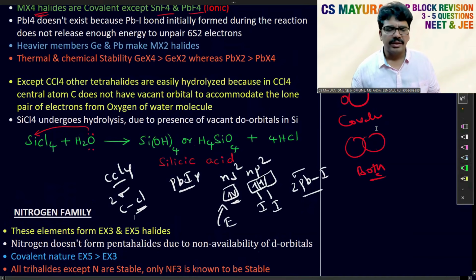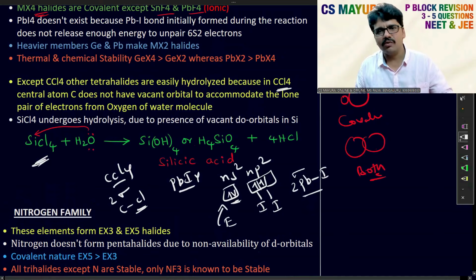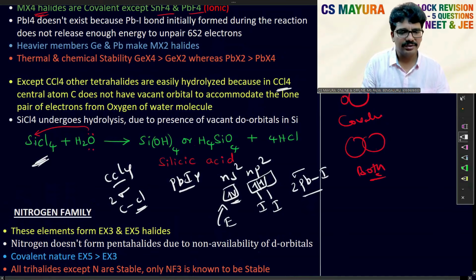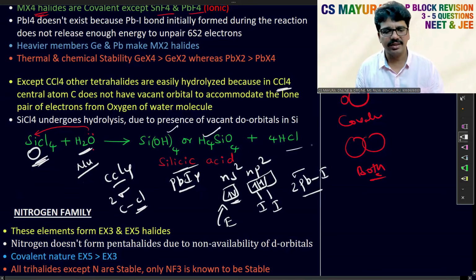Now, all tetrahalides except CCl4 are going to hydrolyze. If you see the hydrolysis of silicon tetrachloride, you will understand why CCl4 does not hydrolyze. See SiCl4 and H2O. Silicon has vacant orbitals. Water acts like a nucleophile: the lone pair on oxygen attacks the silicon and produces H4SiO4, or Si(OH)4, which is called silicic acid, and HCl is formed.